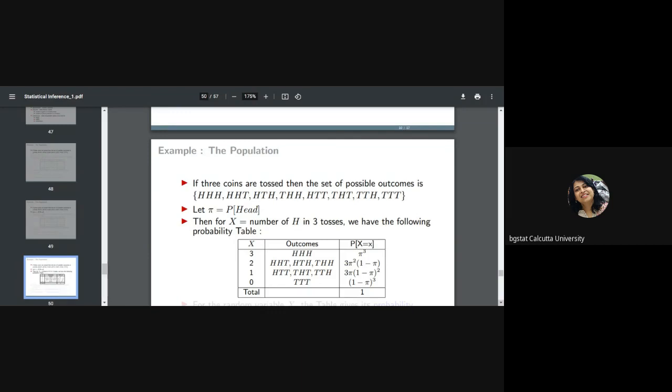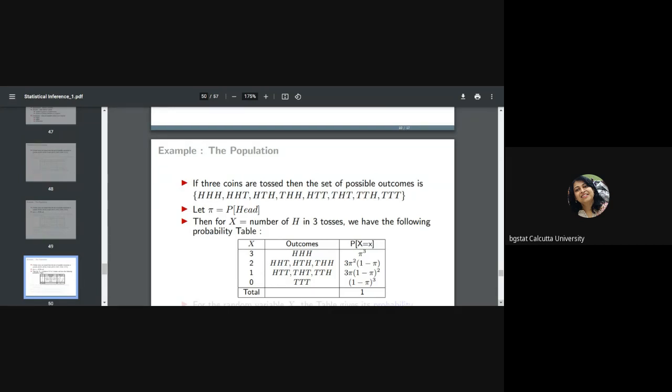If we assume that each toss of a coin is independent, you would have covered the concept of independence in your probability class. If not, it means that the result of one toss does not depend on what happened in another toss. So in that case, we have that the probability of head is pi.